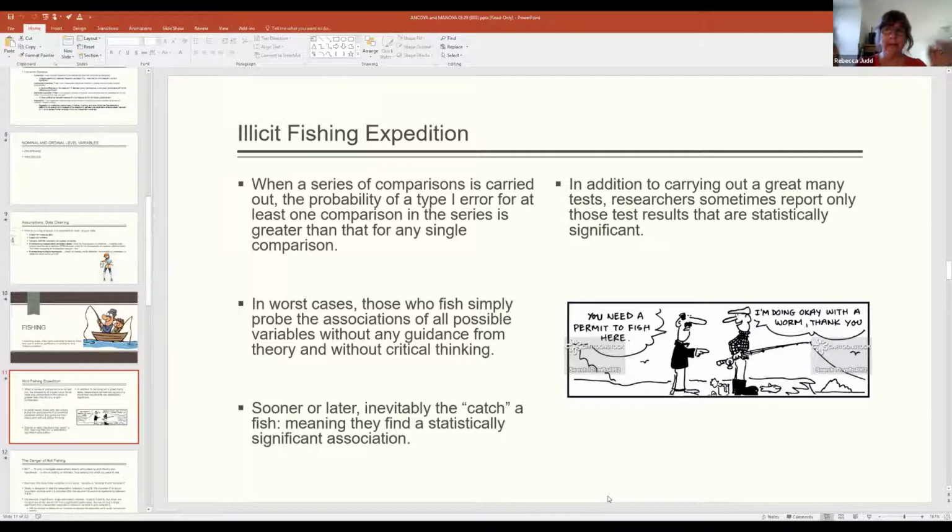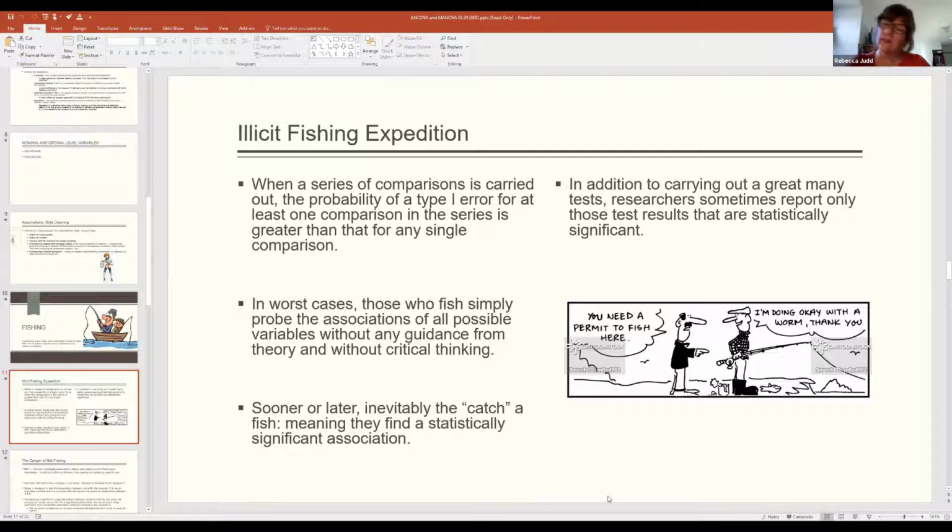That's illicit fishing. You don't want to do that. Sooner or later, if you run enough tests, you're probably going to come up with something that has a statistically significant association. And oftentimes we're trained to say that's what we want. We want to show that statistical significance, right? That's the golden crown that we're trying to get.